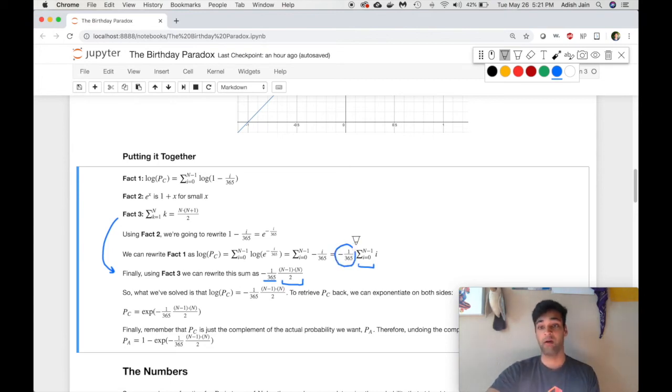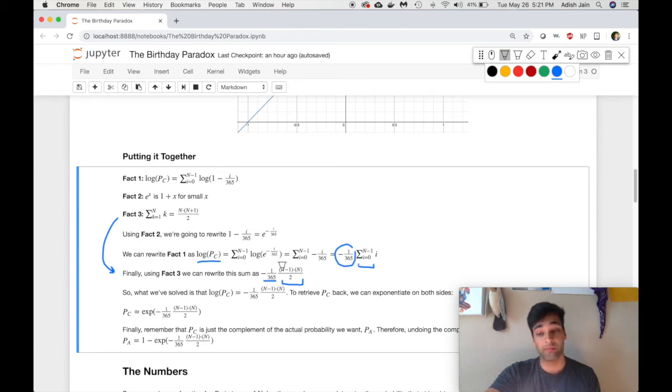So now we're getting somewhere, right? Because now we don't have a sum, we don't have a product. All we have are these two different terms being multiplied together, and they're just a function of n, which is our input size, right? Our group size. So basically, what we're saying is we've solved log PC as a function of n, okay?